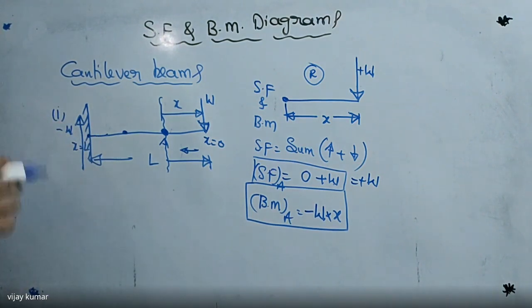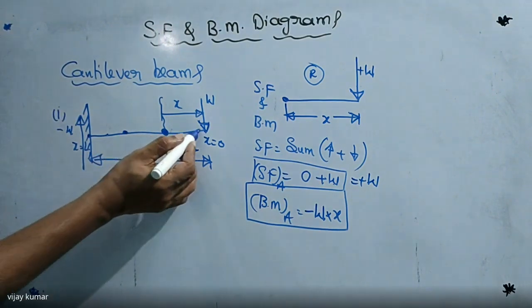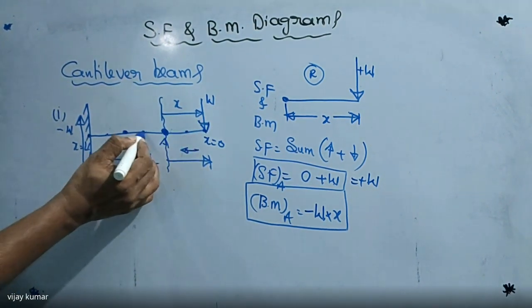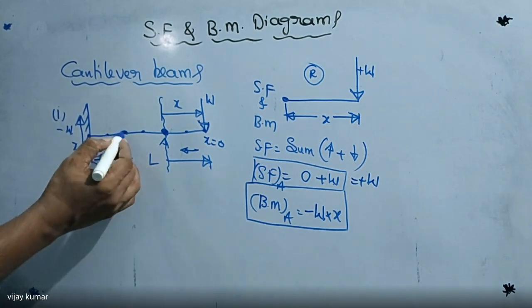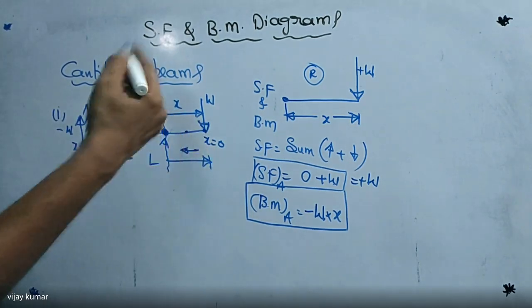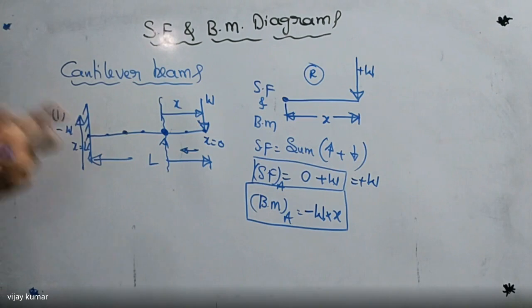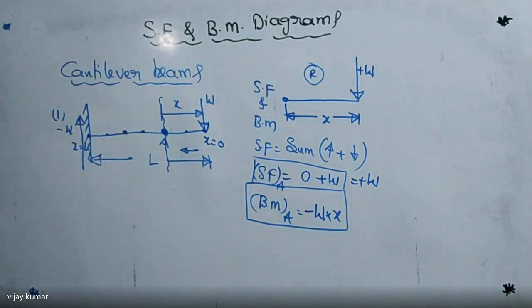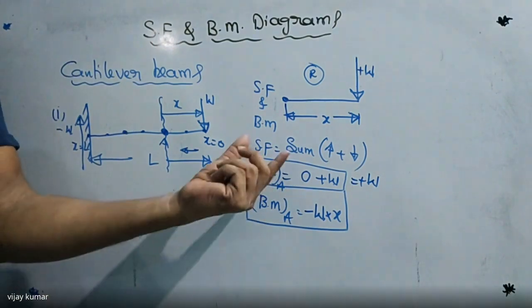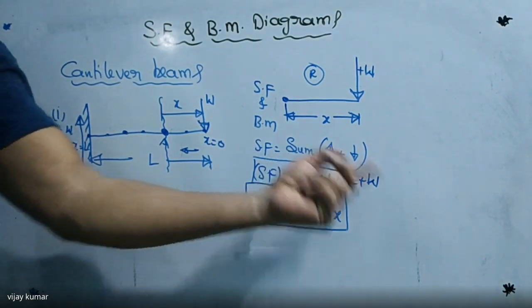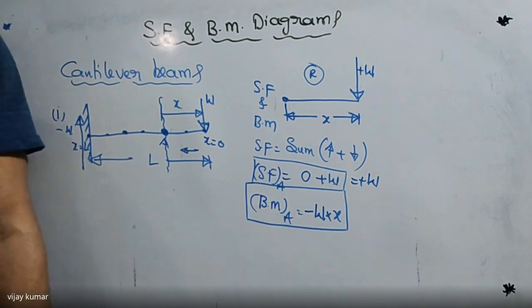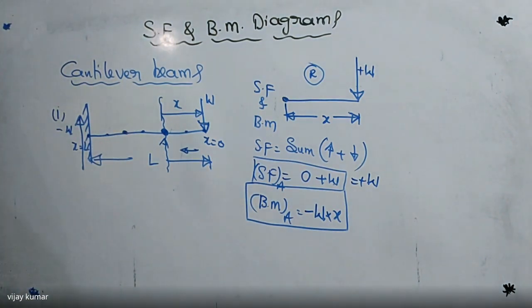Without taking the reaction, the shear force at this point is W, because between them there is no other force. If there is any other force, I will show you how to add all the forces. Why? Because what is the definition of shear force? The sum of all the forces, whether they are moving in the upward or downward direction. Do you get my point or not?